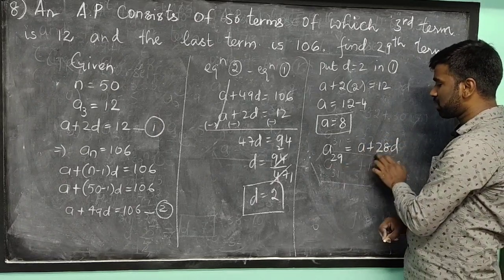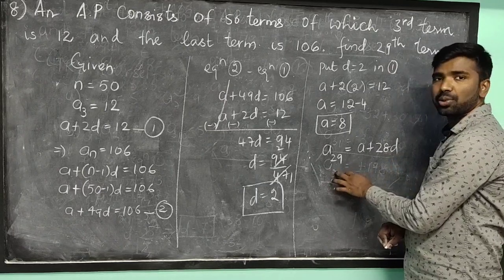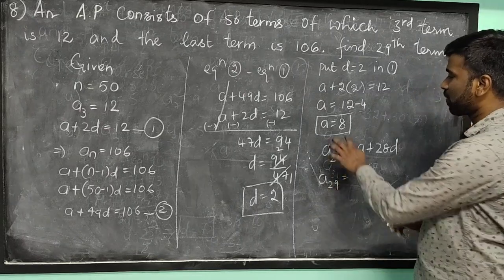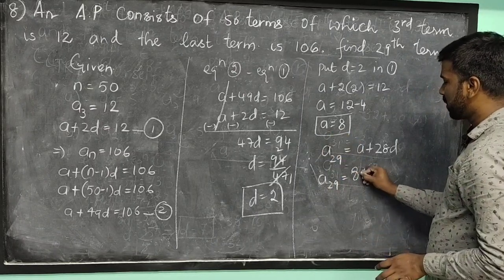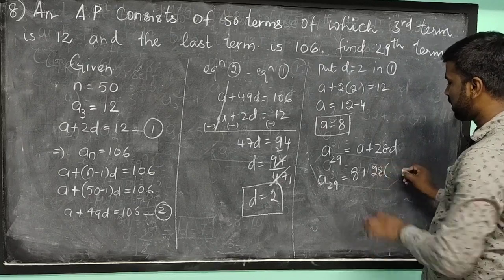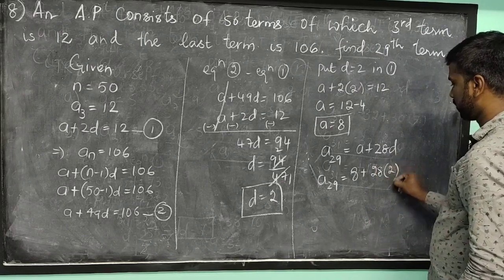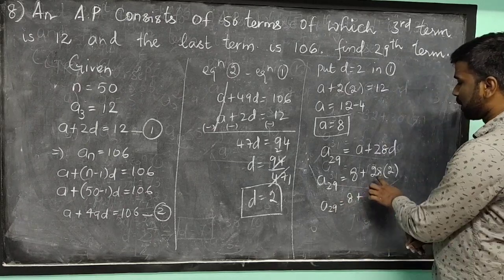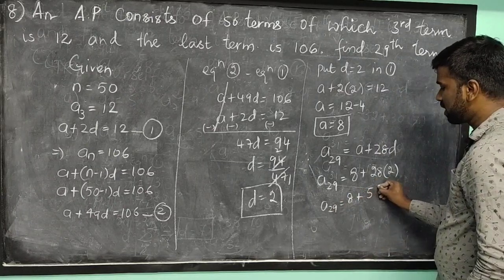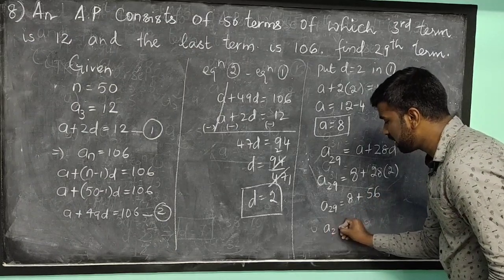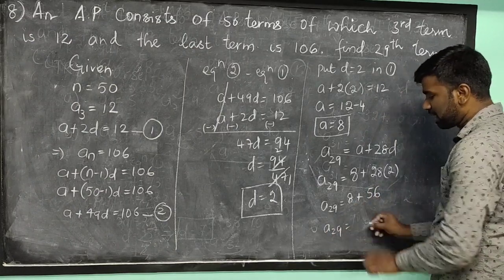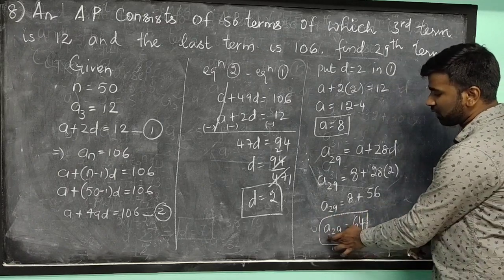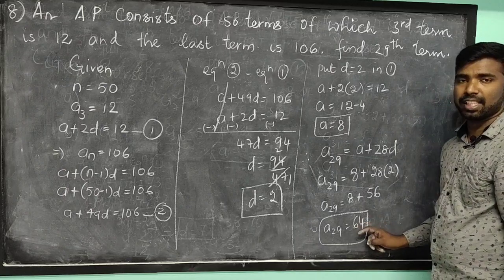Otherwise you can use the nth term formula. Now A29 equals, the value of A is 8, plus 28 times D, which is 2. A29 equals 8 plus 28 into 2, which is 56. A29 equals 8 plus 56, which is 64. Now we got the 29th term as 64.